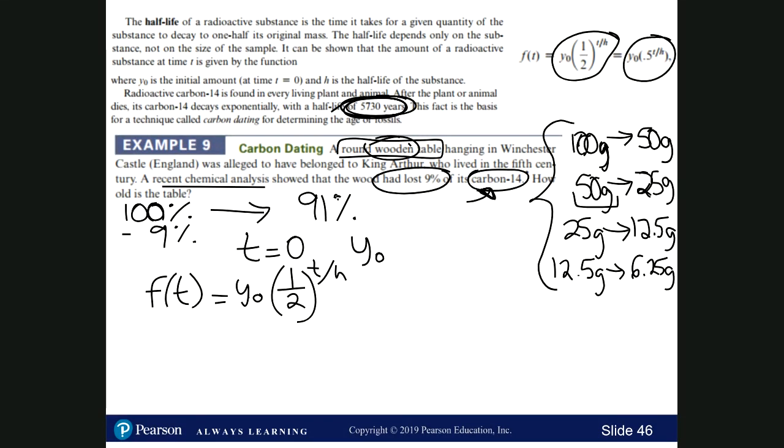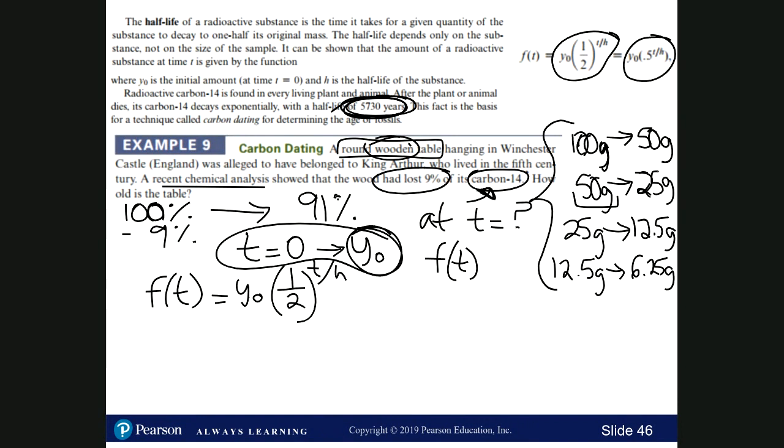Okay, so at time 0, when the table was created, it had this much carbon-14. Now, at t equals question mark, because that's what we're looking for, the amount of carbon-14 was 91% of the original.